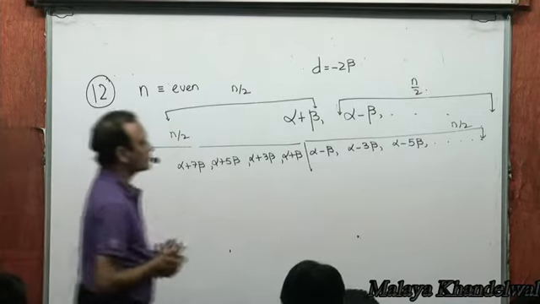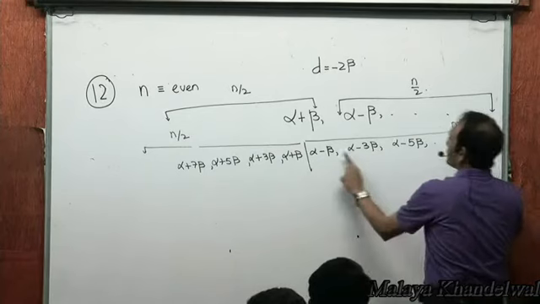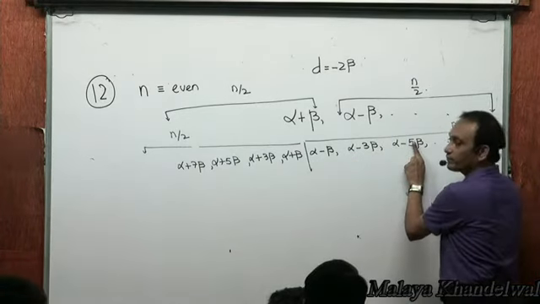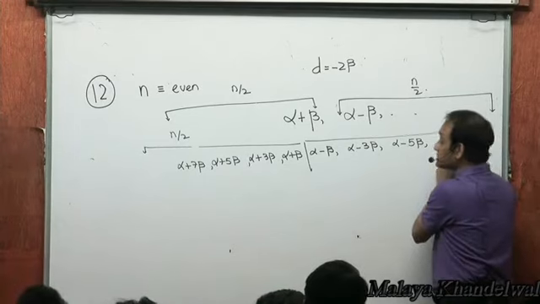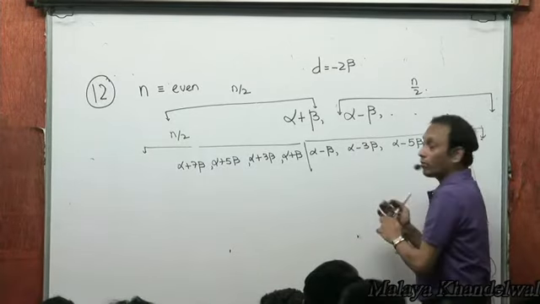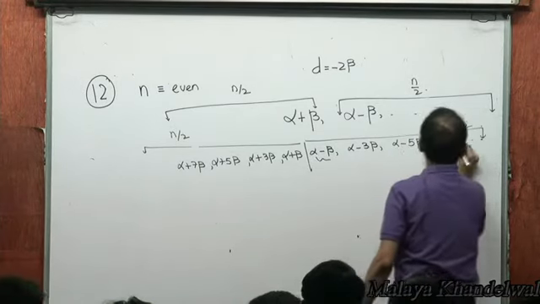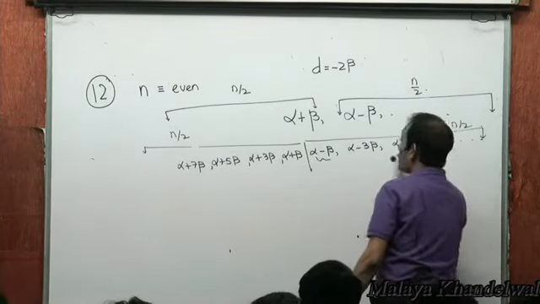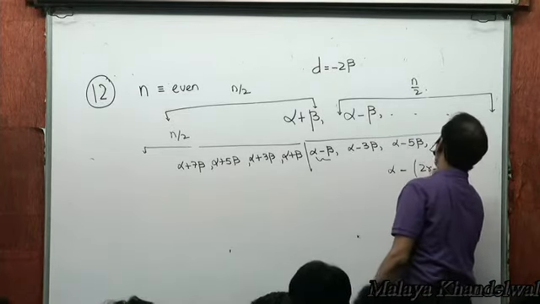Now see, from here, 1, 3, 5, etc. These are odd numbers. Therefore, if this is looked upon as the first term, then the rth term from here is going to be alpha minus (2r minus 1) beta.